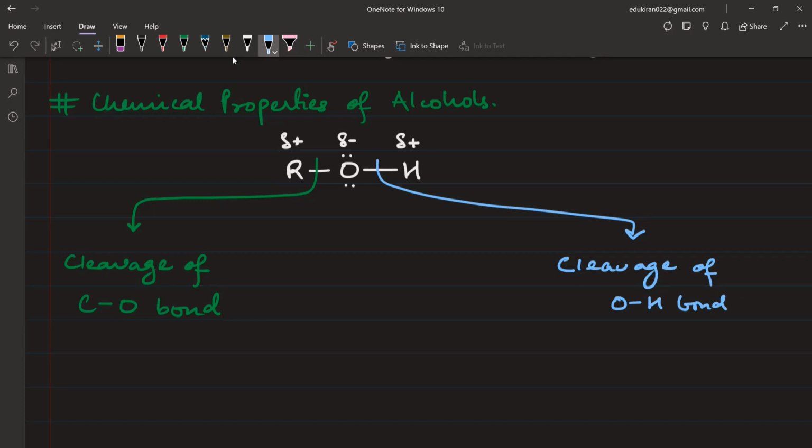Also, one more thing is very clear. If OH bond is breaking, that means it is going to give you H plus ion, right? So this also shows the acidic nature of alcohols. Okay, cleavage of OH bond, and we will first learn about the cleavage of OH bond only. इतना लिखिए, then you will write the topic of cleavage of OH bond.